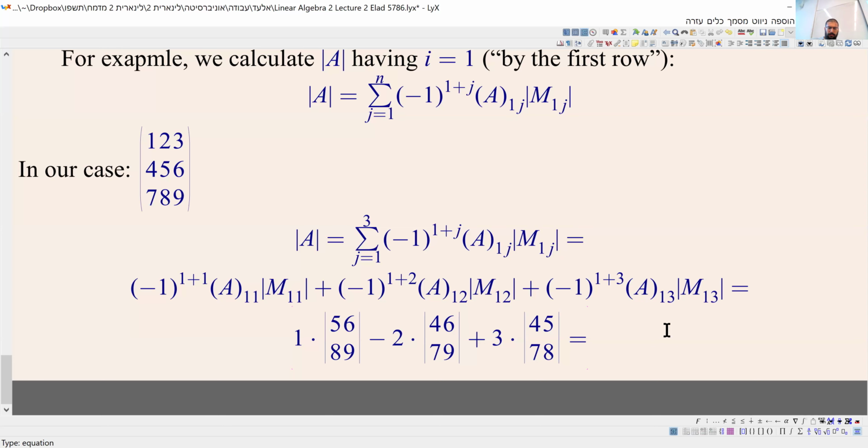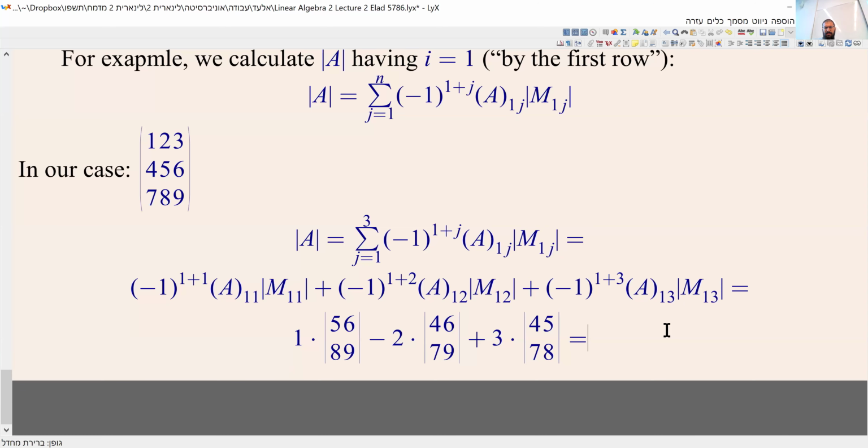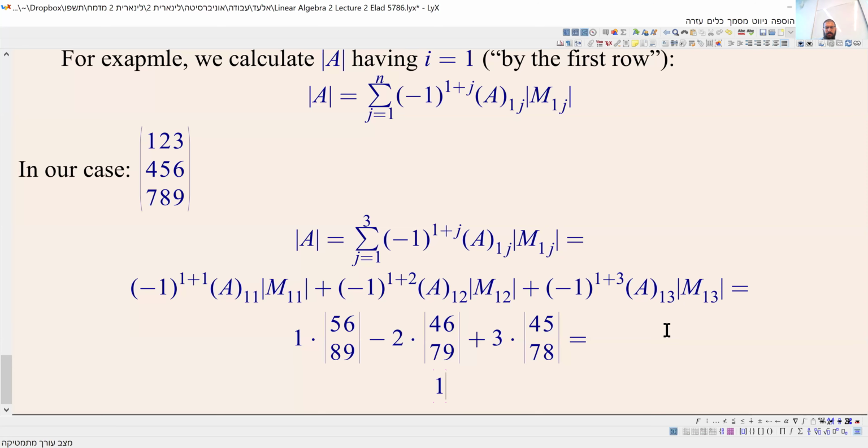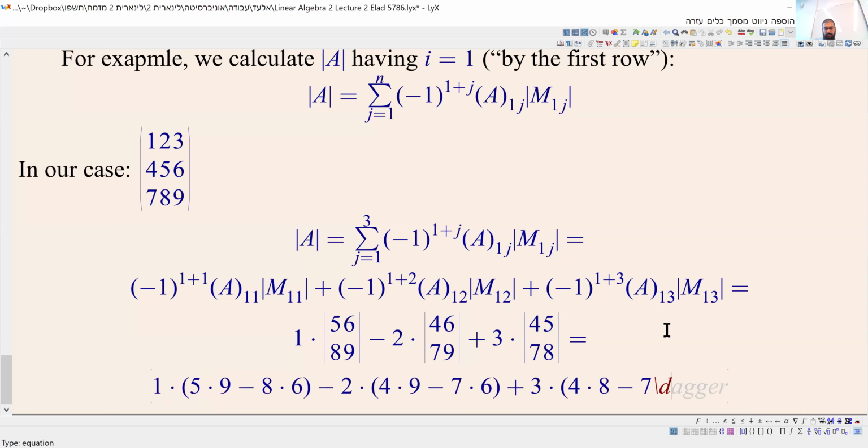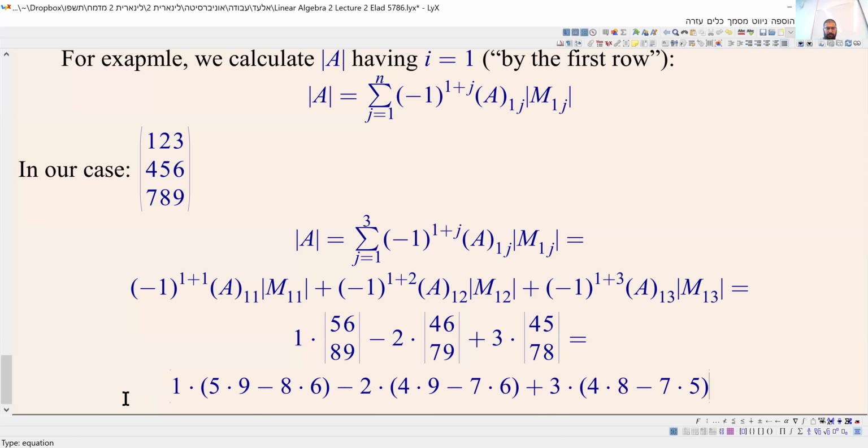So let's have another line. 1 multiplied by 5 and 9 minus 8, 6, minus 2, 4 and 9 minus 7, 6, and 3, 4 and 8 minus 7 and 5.